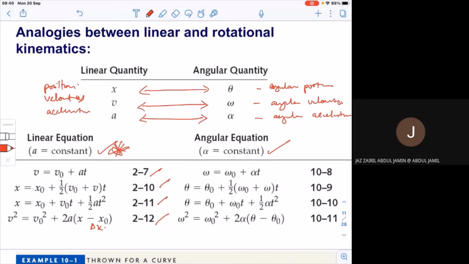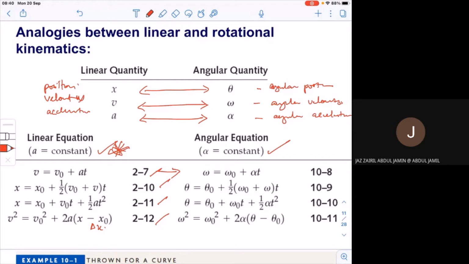So we can write the angular equations as a mirror of the linear equations. You don't have to use the same value, but if you look carefully, 2.7 is quite a mirror of 10a, which means when we have v equals v naught plus at, we also have omega equals omega naught plus alpha t.